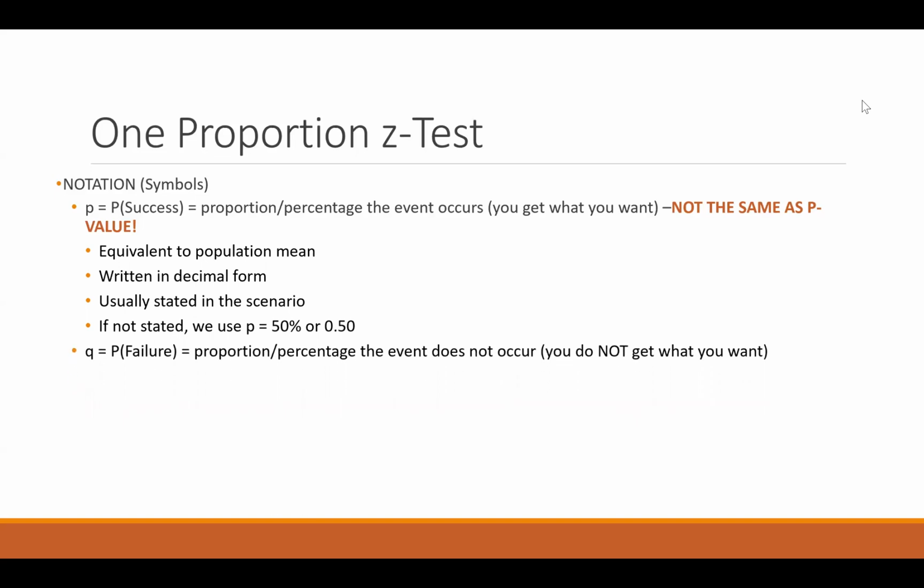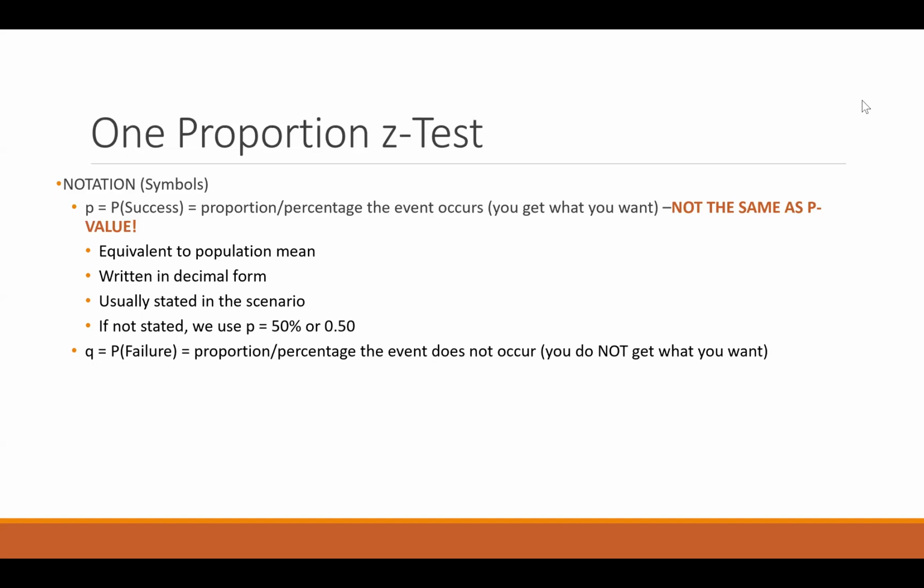A lowercase q is the probability of failure, which means you don't get what you want. Okay, so proportion or percentage, the event does not occur or you don't get what you want.